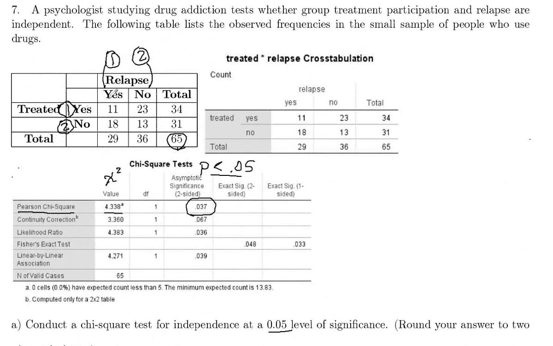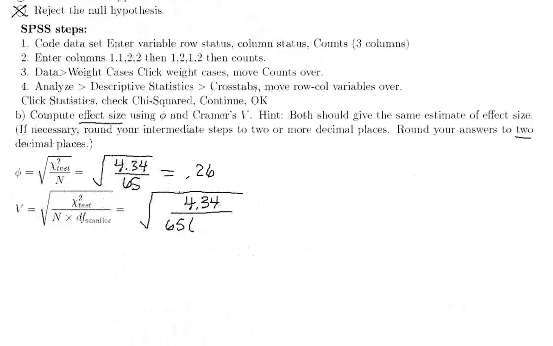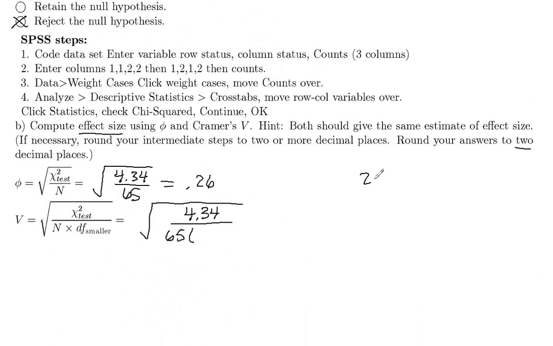So we've got 2 rows and 2 columns. So the 2 degrees of freedom that we are picking between are 2 minus 1, which is 1, and 2 minus 1, which is 1. So they're both 1. The smaller of 1 and 1 is 1. And that's also going to give us that same 0.26 if we round to 2 decimal places.